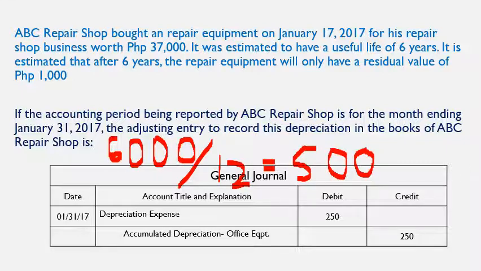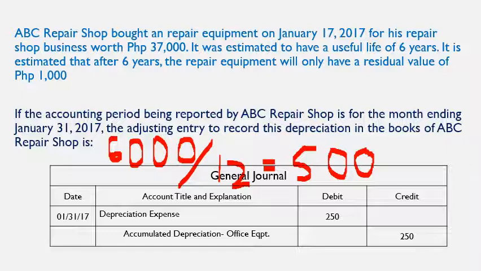Kasi, ulitin ko ha, bakit naging 250 yung entry natin sa General Journal? Or bakit 250 yung adjusting entry natin? If you can still remember, 6,000 yung annual depreciation. Okay? Annual meaning sa loob ng isang taon. Ang kailangan lang nating i-compute is for the month of January.